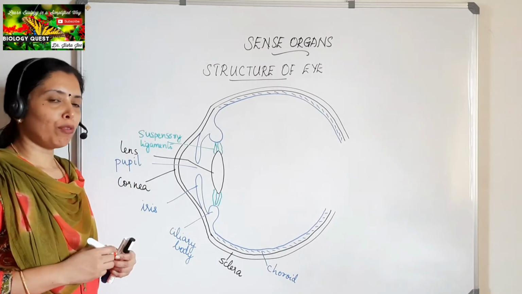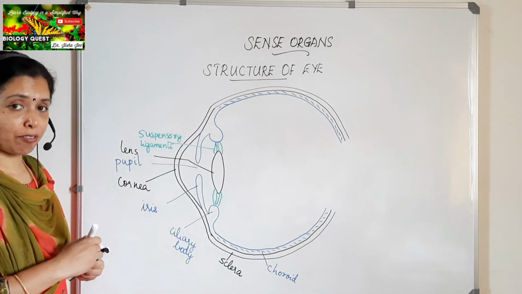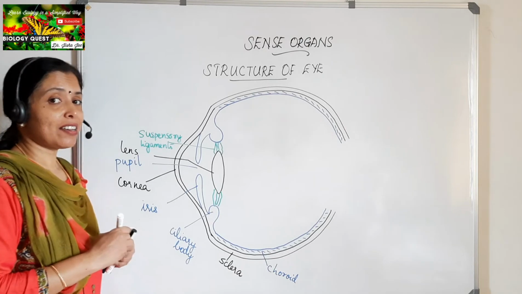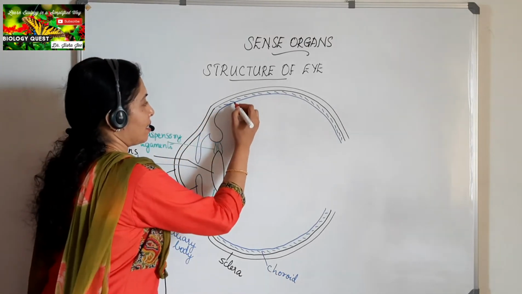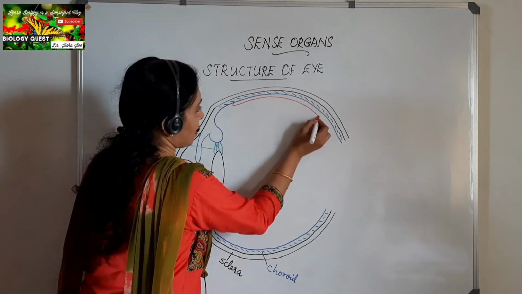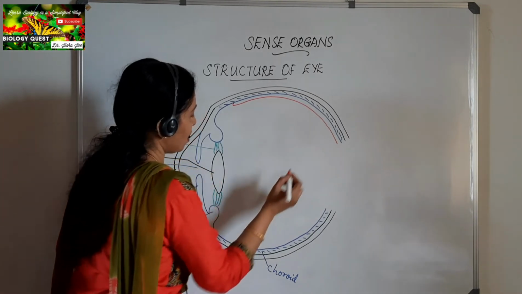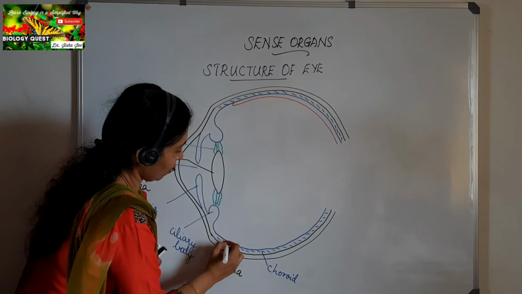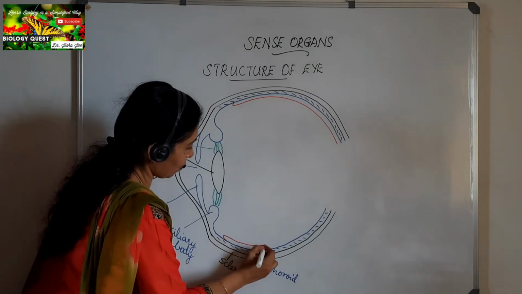Now moving on to the innermost layer of the eye, which is the retina. That is the retina there. This layer is sensitive to light. That is the innermost layer, which is sensitive to light, which I am marking in red.